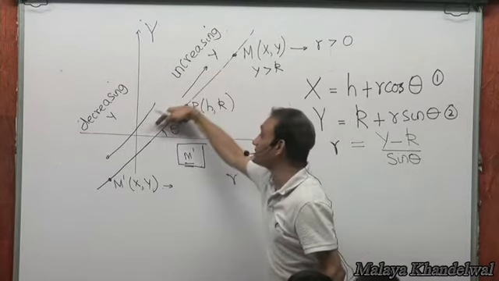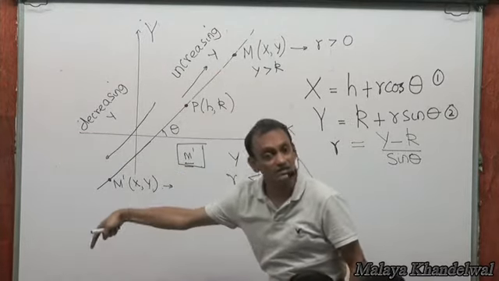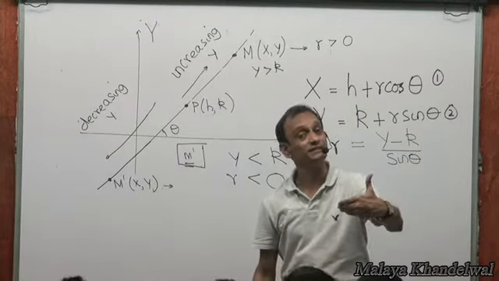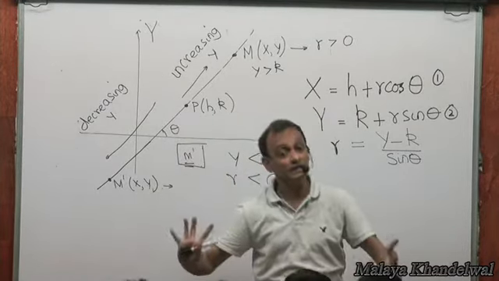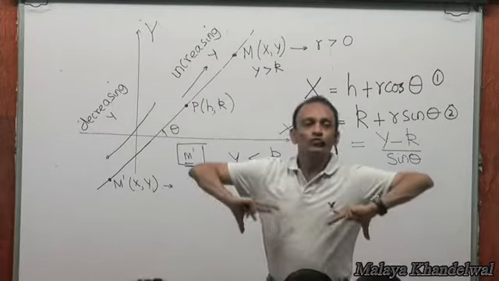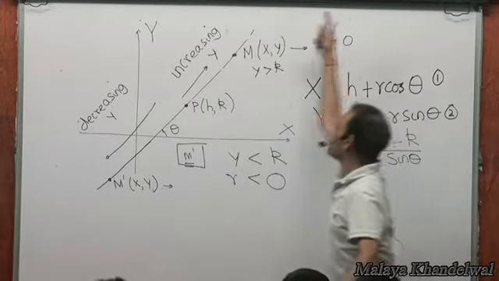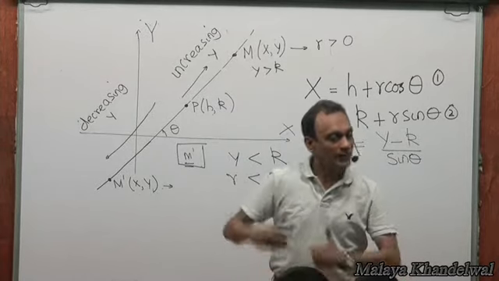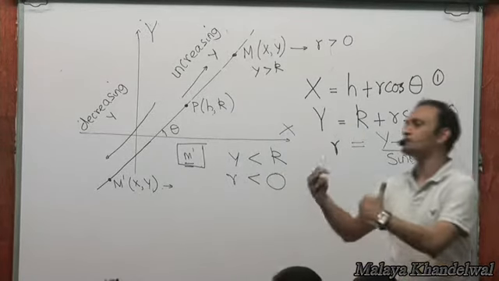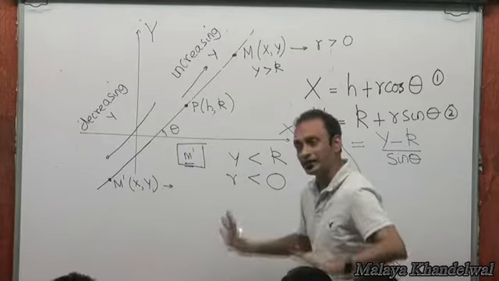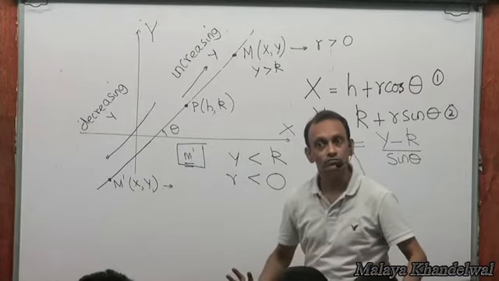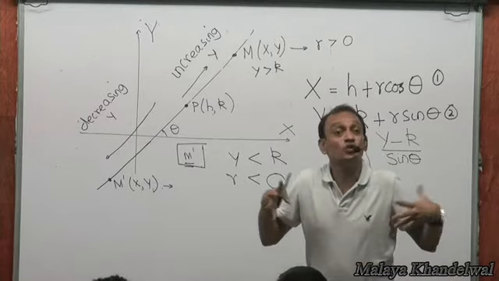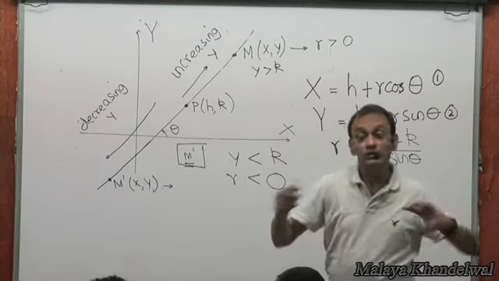If you locate points in the direction of decreasing Y's, then the R's for such points would be negative. For P, R would be 0. Which means with every point on this line, there is a unique R associated. On one side of P, you will get positive R's. On the other side of P, you will get negative R's. Yes or no? R is an algebraic entity. It has its own sign, right?